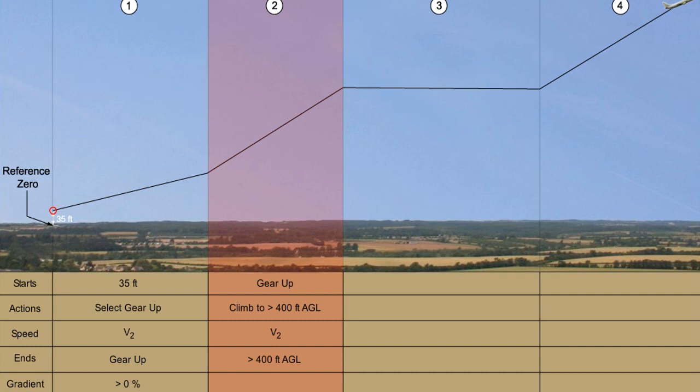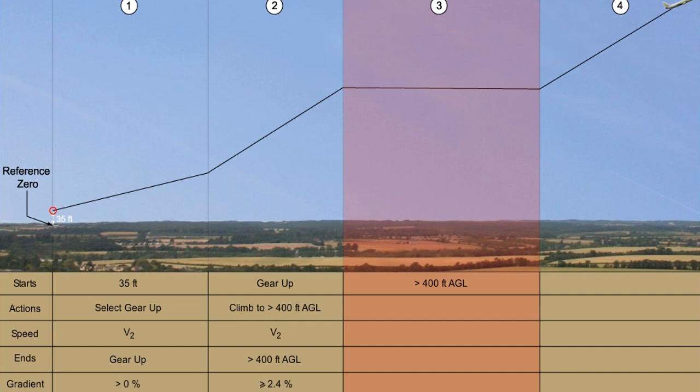Once 400 feet is reached, and flap retract can commence, segment 2 ends. Since the aeroplane has had the main source of drag removed, the minimum gradient requirement is more severe at no less than 2.4%.